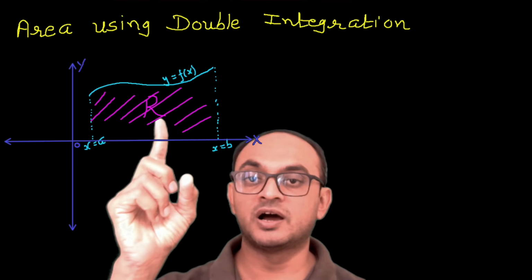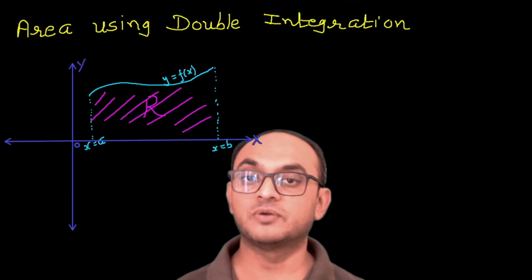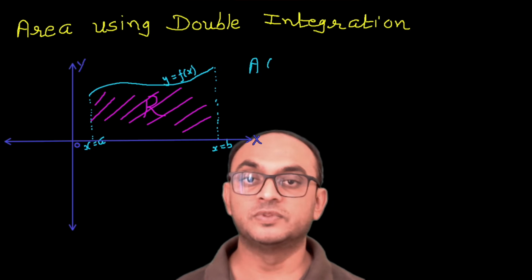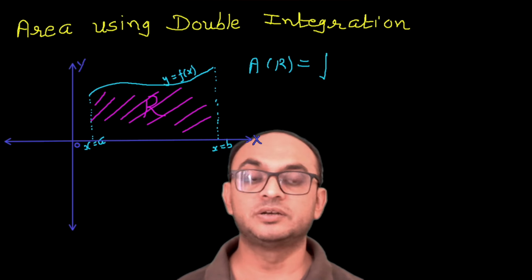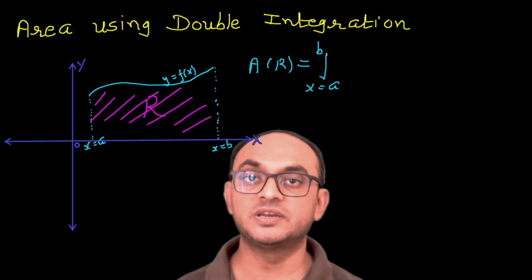For this region R, I want to find the area. Then you know how you find the area for this region using single integration. Area of the region R is equal to integration from x is equal to a to x is equal to b of f of x dx.